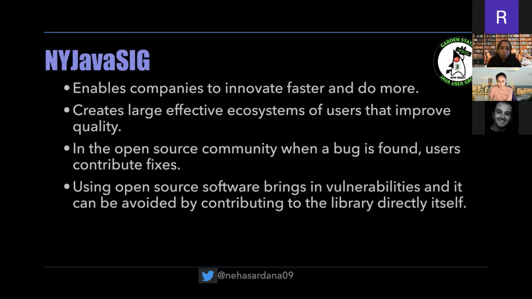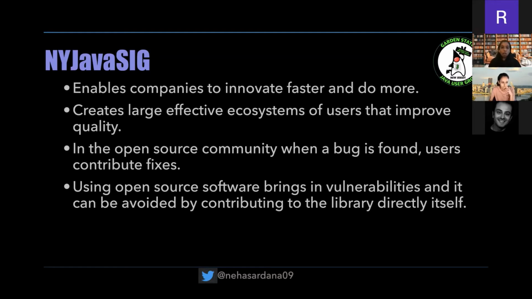In the open source community, when a bug is found, users contribute to fix it. It's always a very active community, depending on what projects you are working on. Using open source software brings in vulnerabilities, and these can be avoided by contributing to the library directly. This example is just like I told you a few slides back.